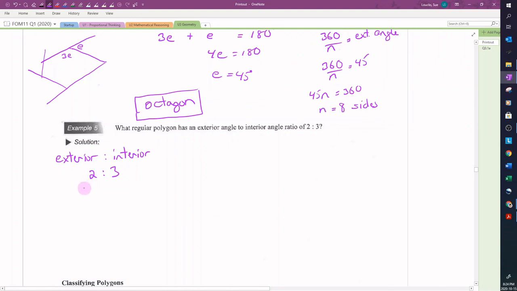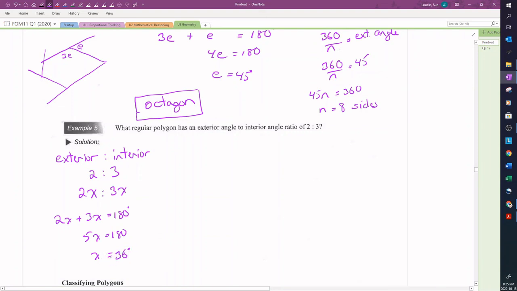So if I make the exterior 2x, I don't know what x is, but it's 2 times something, and then the interior is 3x, right? That gives me a ratio of 2 to 3. And what I know is that 2x plus 3x equals 180 degrees, right? Because my interior plus my exterior equals 180. So 5x equals 180. So x equals 36 degrees.